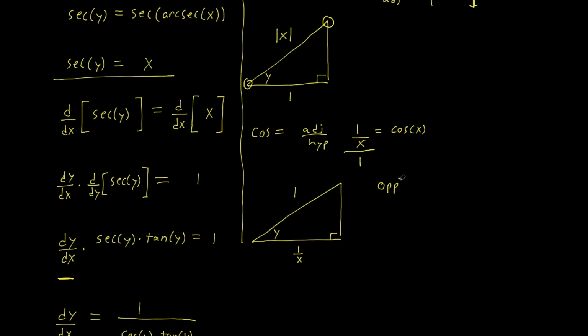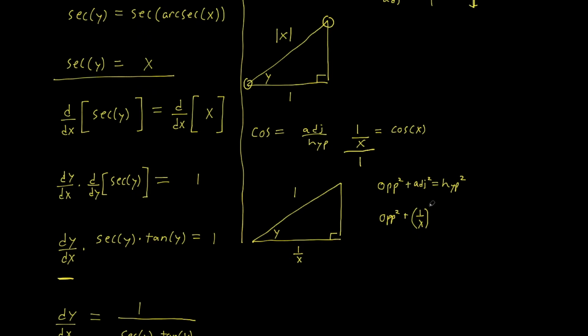So we have opposite squared plus adjacent squared for the Pythagorean theorem equals hypotenuse squared. Now we know that the adjacent side, we're solving for the opposite side, so we say opposite squared plus 1 over x, that whole thing is squared.